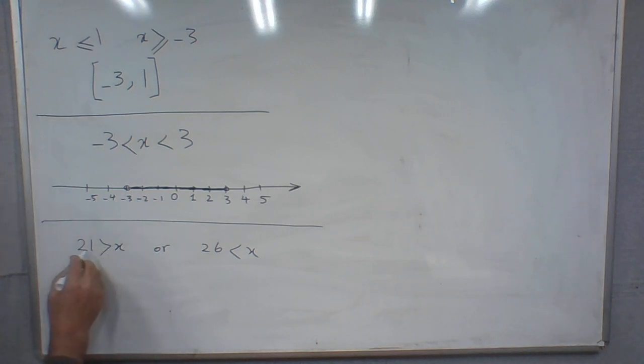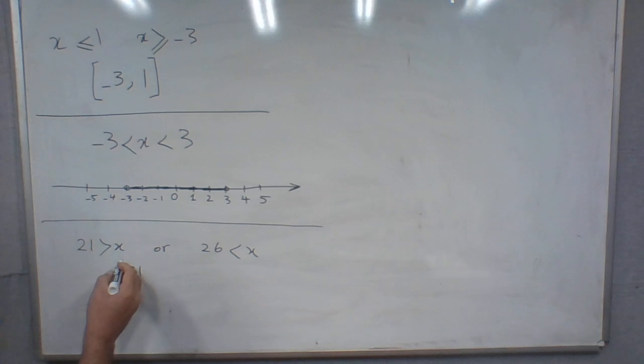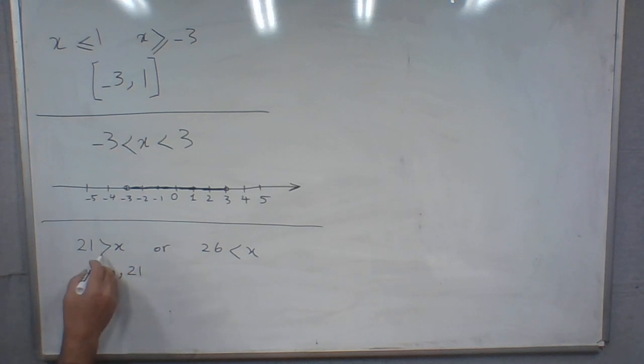So x less than 21, it is 21 on the right, and then it has no limit on the bottom, so it is negative infinity. It can be anything less than 21, and it is not equal, so I put a parenthesis. And then this is also a parenthesis, because nothing can be negative infinity.